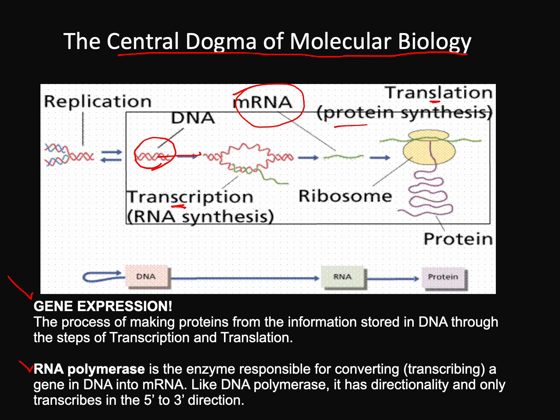And the enzyme that is really important in this process is RNA polymerase. RNA polymerase is what is actually going to be converting or transcribing a gene in that DNA into mRNA. So a lot like DNA polymerase, it does have directionality, and RNA polymerase can only move in the 5' to 3' direction as well.